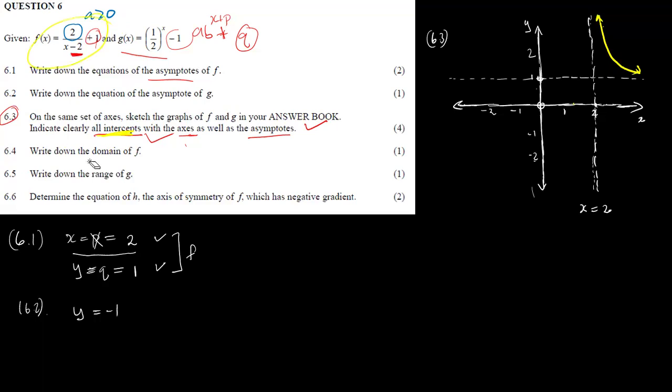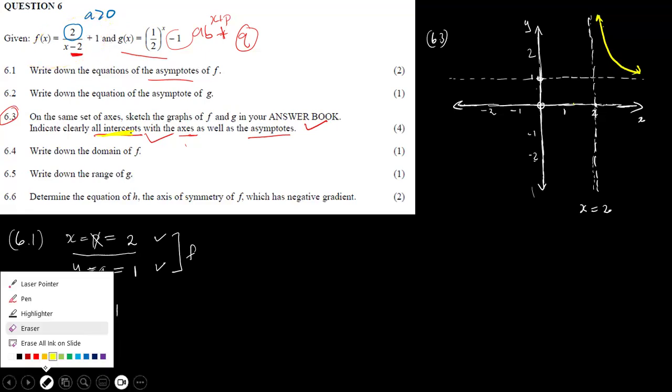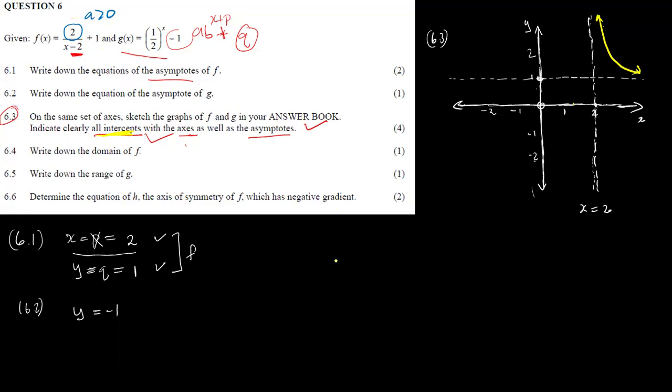So how are we going to do that? You can just do it now by calculations. For the x-intercept, you let y to be 0. We have 2 over x minus 2, equals, and then you transpose the -1, it becomes +1. This is you in the exam, I'm being fast. It's algebraic maths. You cross multiply there.